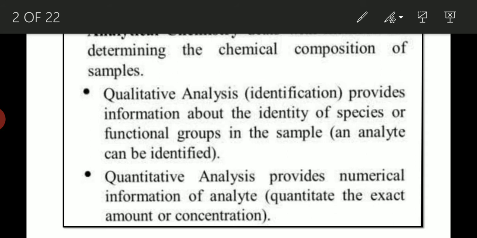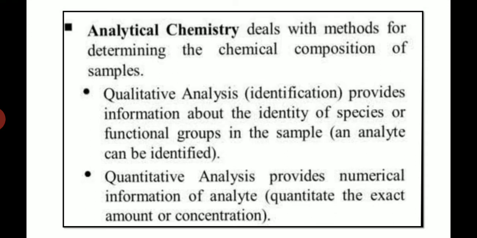Now first and foremost, we need to know what analytical chemistry is. Analytical chemistry deals with the experimental study or experimental methods which determine the chemical composition of samples in two ways.